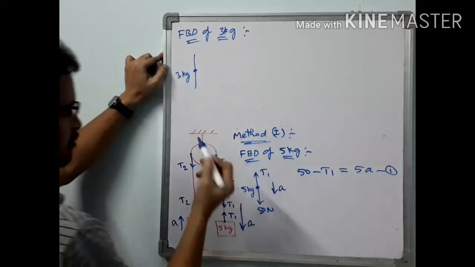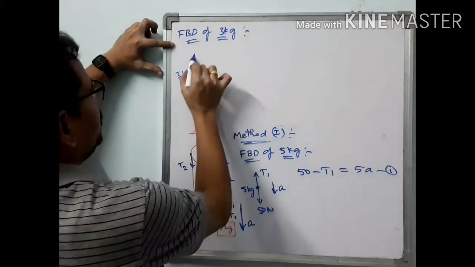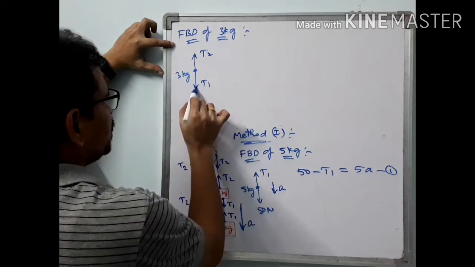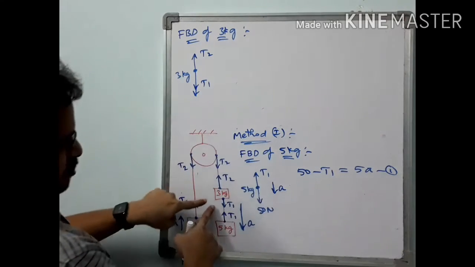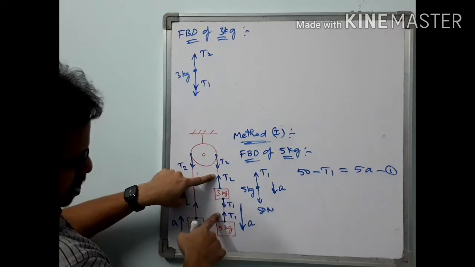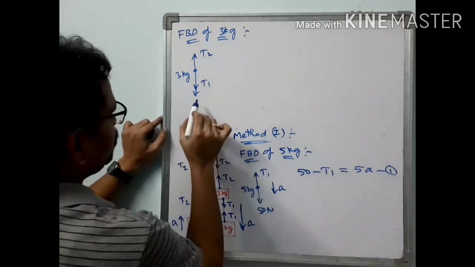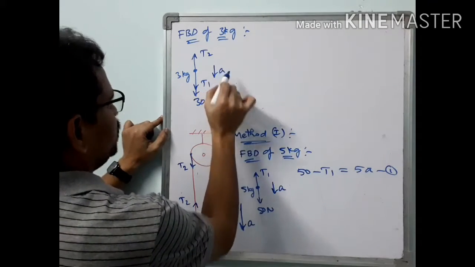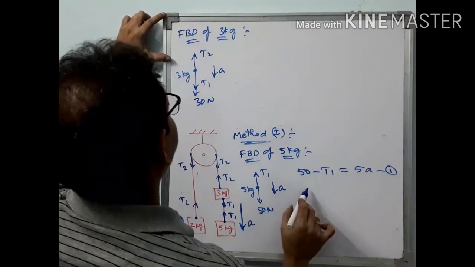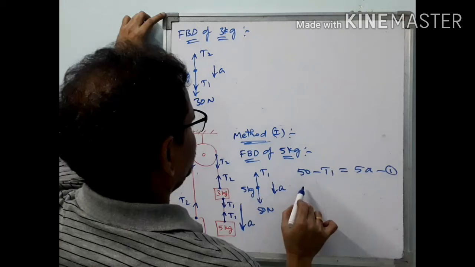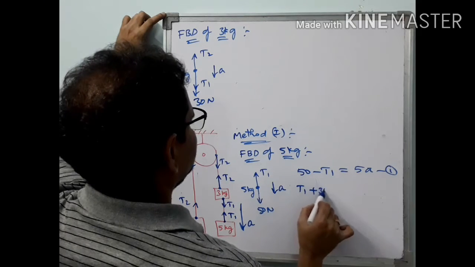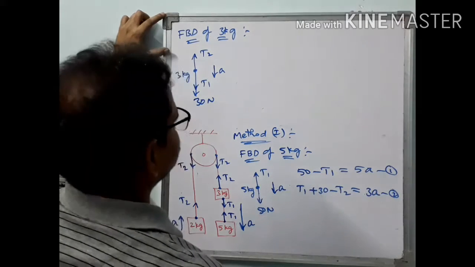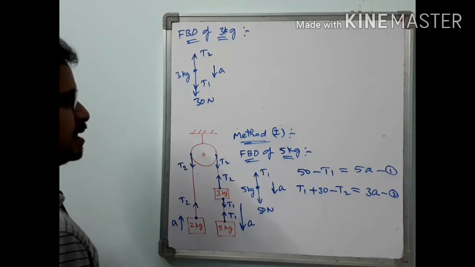What are the forces here? Due to this string T2 upwards, due to this string T1 downwards, and one more thing is gravitational force. How much? 30 newtons. The acceleration is downwards, that is A. So what is the equation here? T1 plus 30 minus T2 equal to 3A. This is equation 2. We got the second equation, right?